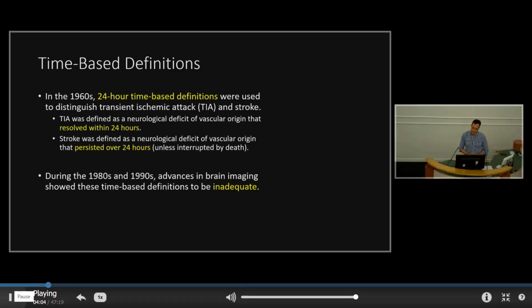Now, as soon as we started getting imaging in the 80s and 90s, we saw that these definitions had real problems. We started getting advances in brain imaging. Some of the older doctors here might remember the pre-CT, pre-MRI era, although I don't think anyone here is quite old enough. What we found was that these simple time-based definitions were somewhat inadequate.